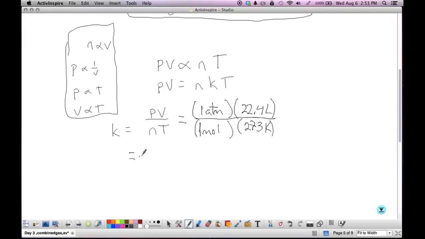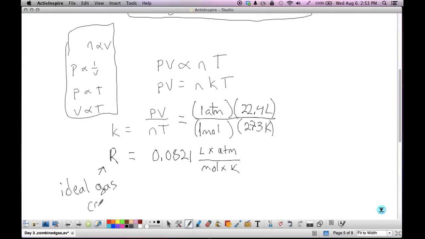And if we solve for that, we're going to get 0.0821. Now our units are going to be kind of a mess. It's going to be liters times atmospheres over moles times Kelvin. All right, and this constant is so special that it gets a special symbol, R. R stands for the ideal gas constant.